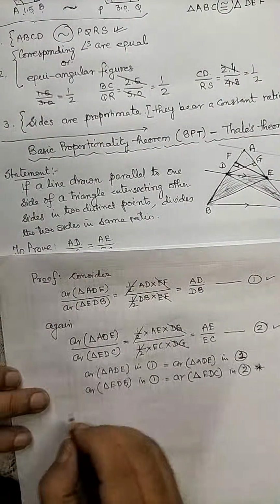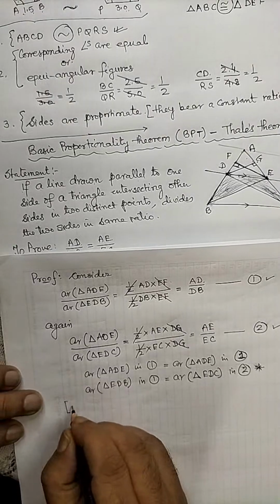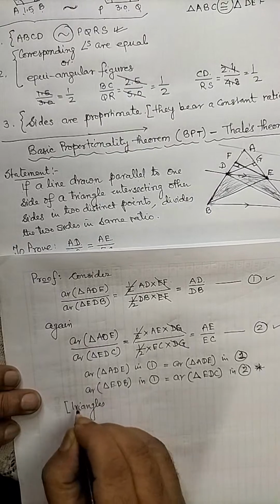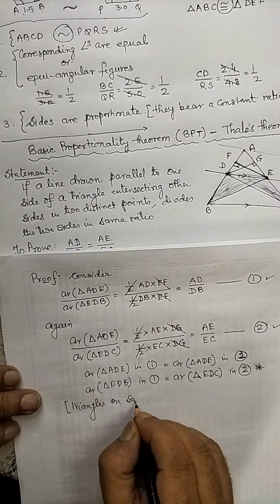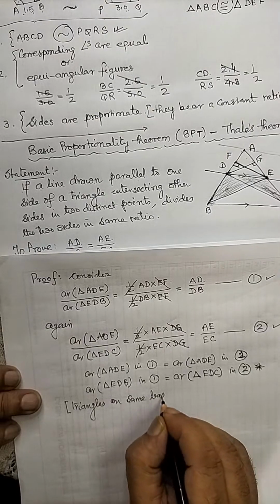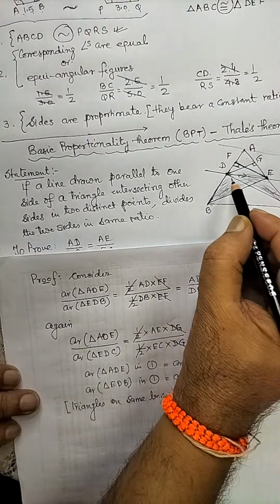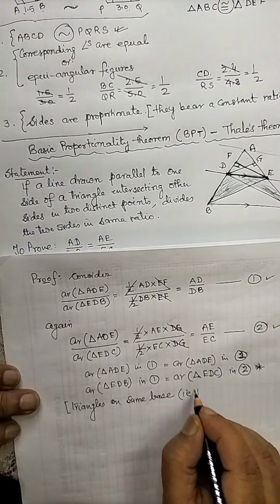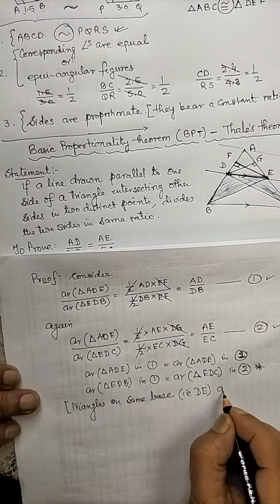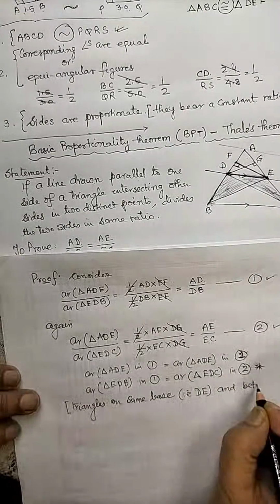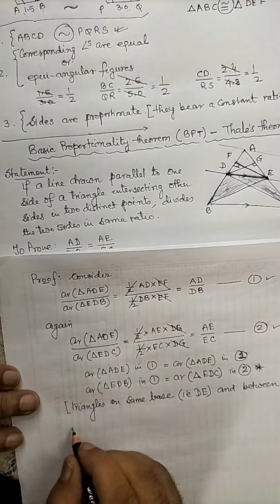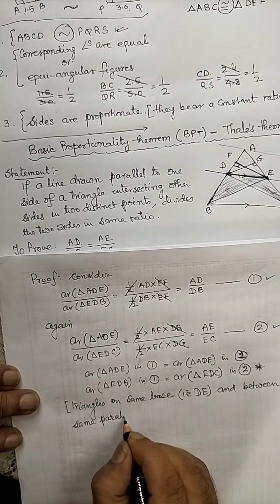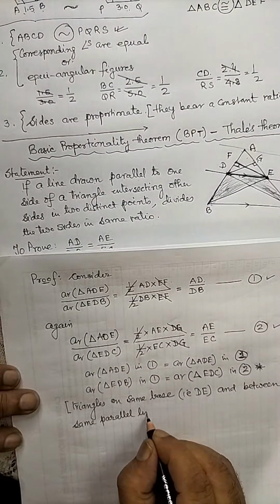Why? Triangles on same base, in दोनों triangle का base we can consider DE, same base, that is DE, and between same parallel lines.